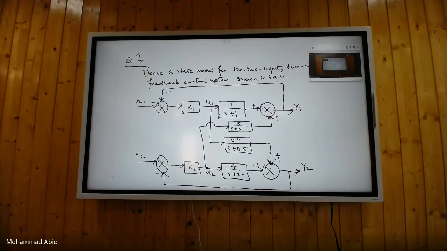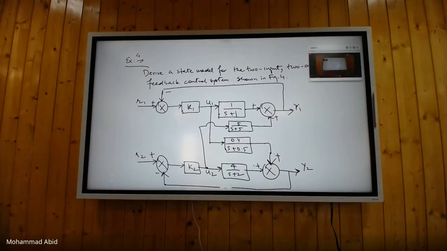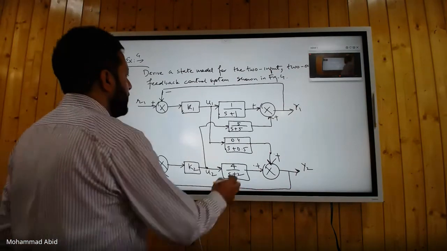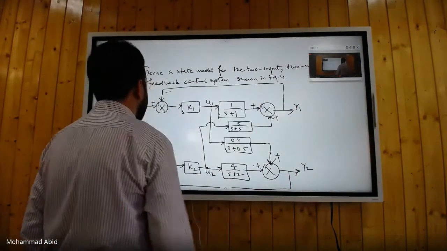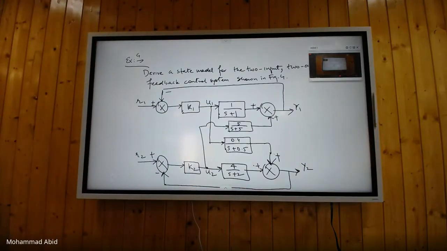ये आपको टू इनपुट टू आउटपुट सिस्टम दिया हुआ है. You have to construct a state model for this. Have you drawn it, all of you? Yes, sir. So how do we construct the state model for this? The outputs of these blocks are to be taken as state variables, isn't it? We'll take the outputs of these blocks as state variables.